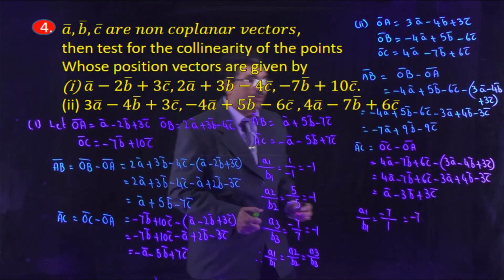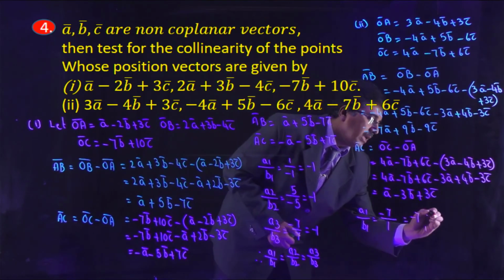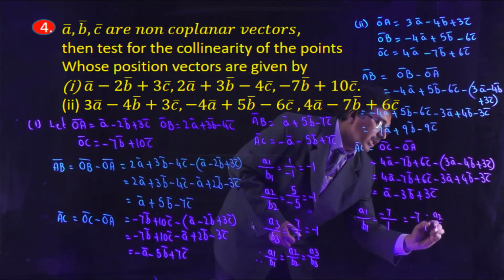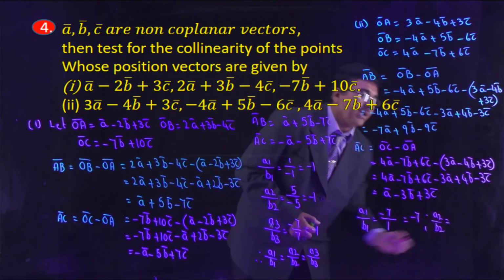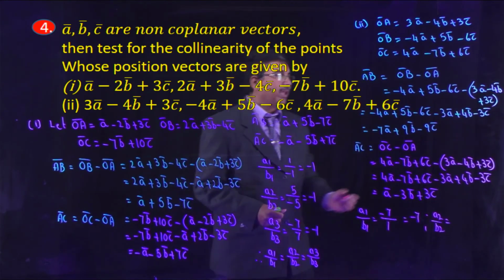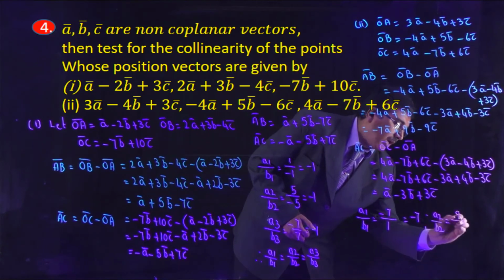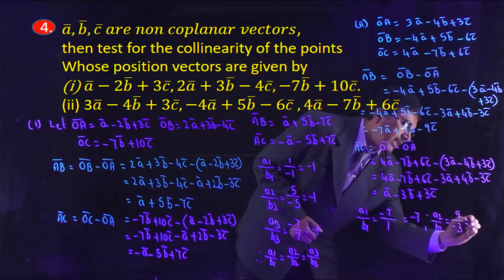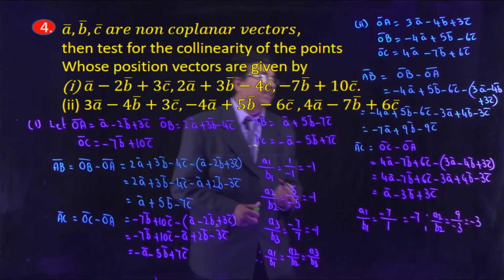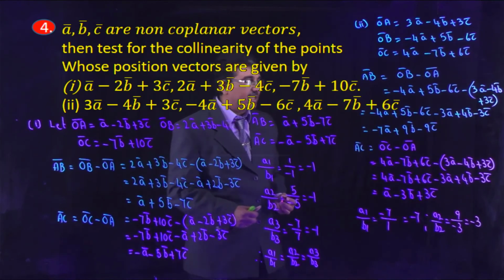by B2 is equal to 9 by minus 3, that is equal to minus 3, right?